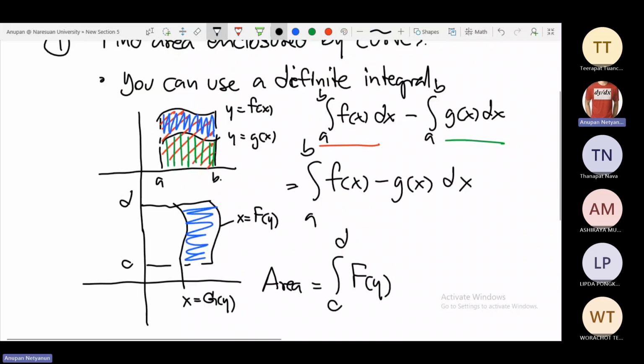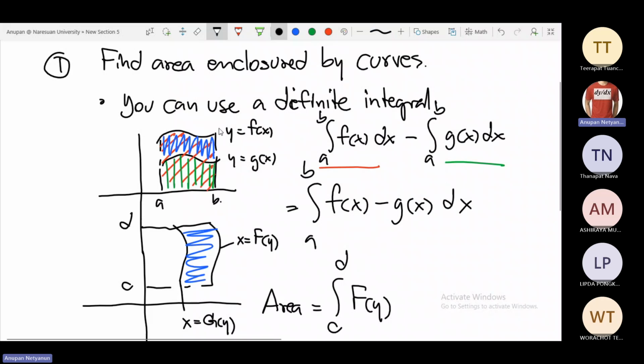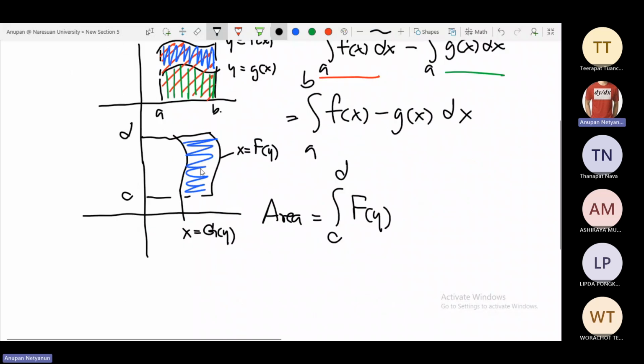Okay, this one you have the top and the bottom. You subtract each other. So this one you should have right and left, because it's in this direction. So you have right and left instead of top and bottom.